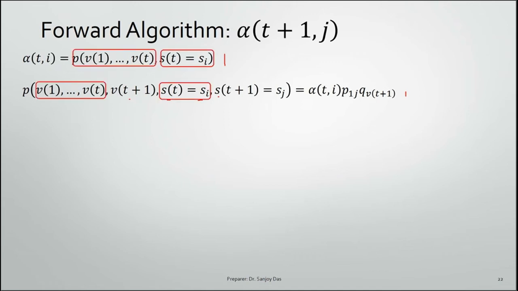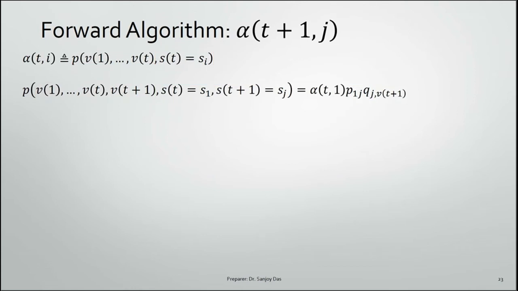The alpha ti accounts for the output sequence v1 through vt and the state St being equal to Si, and the probability of St plus 1 being Sj is accounted for by this pij transition probability, and the probability of the output being vt plus 1 is accounted for by qj vt plus 1.